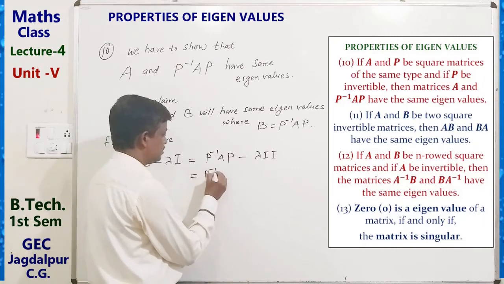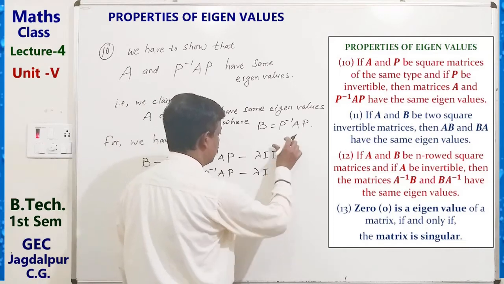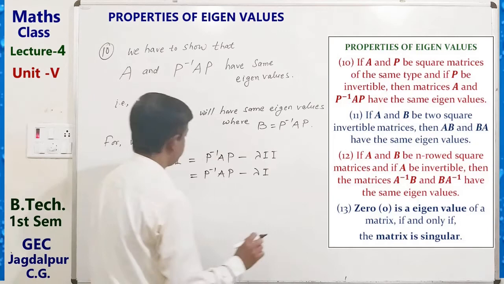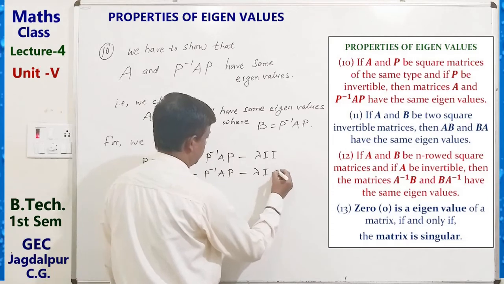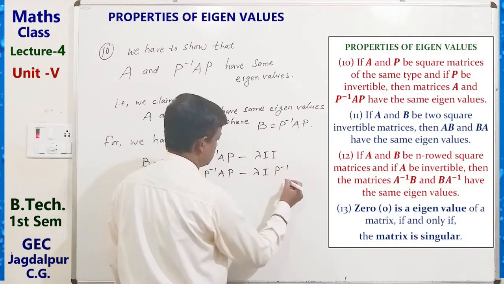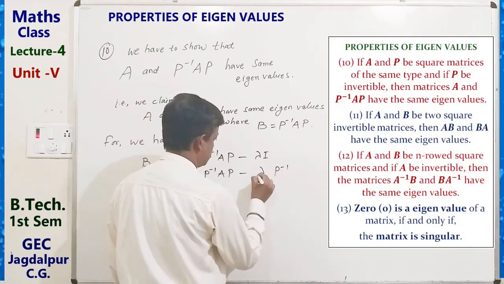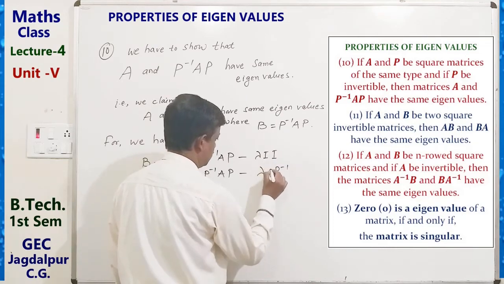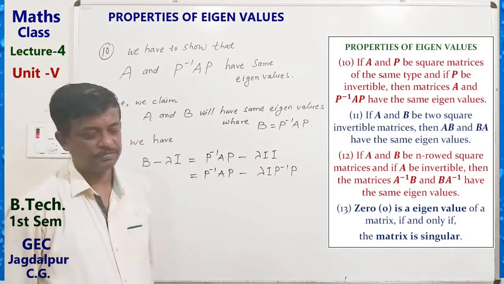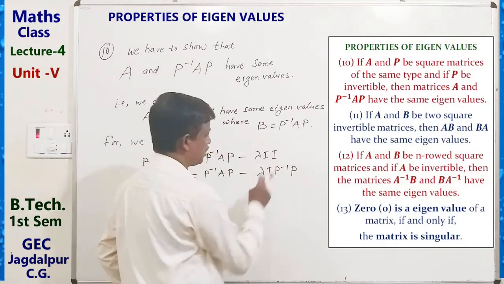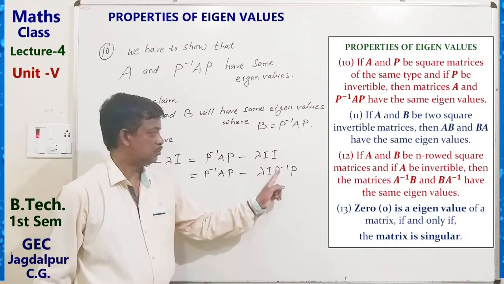Now P inverse A P minus lambda I, we can write P inverse, only single I, just suppose, no, double I, like this, P inverse P. Since P inverse P equals I, P inverse P equals I into I equals I. So here I equals P inverse P.